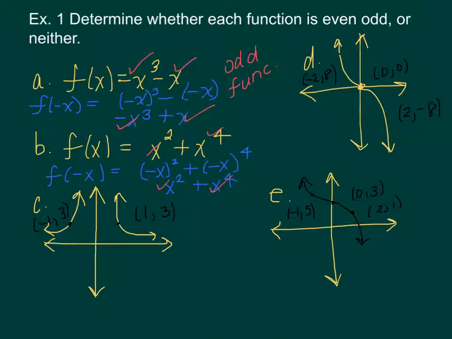Since they both stayed the same, this is an even function. All right, C. Now when it's a graph, you look at the y's. See how they stayed the same? Then this is even. And you can tell because the y-axis is your line of symmetry. This is y-axis symmetry.